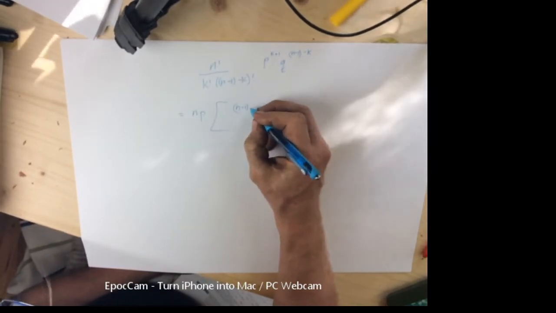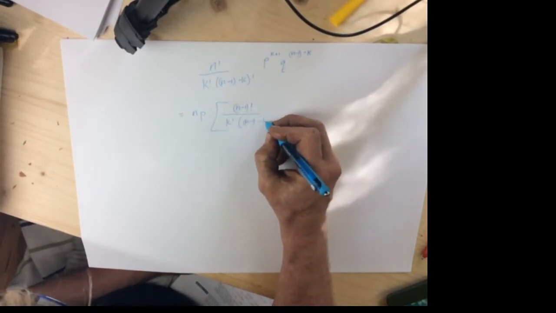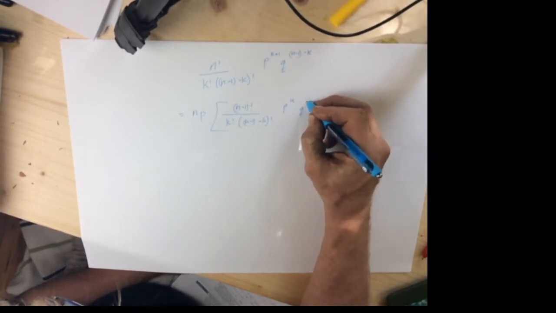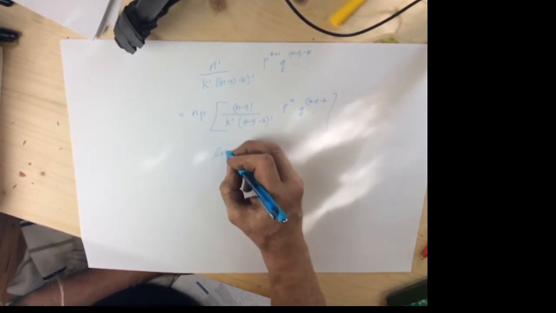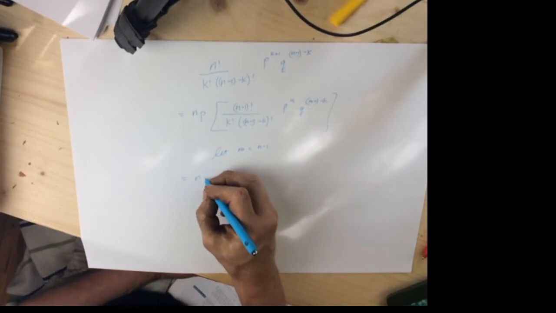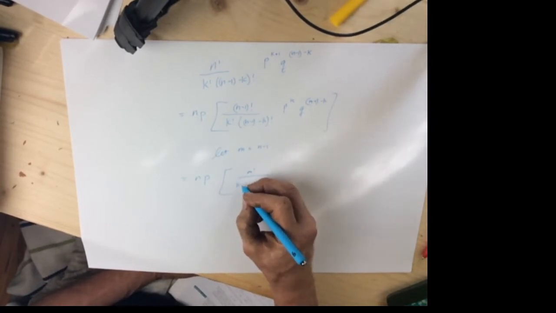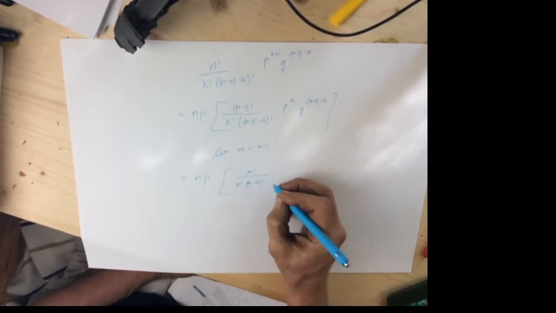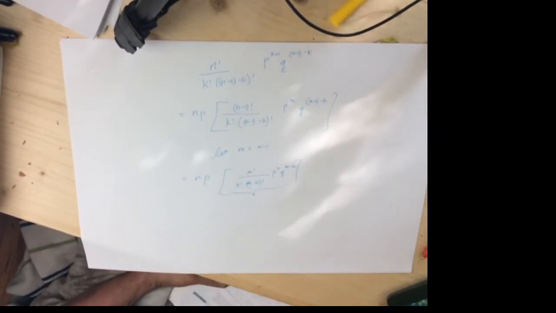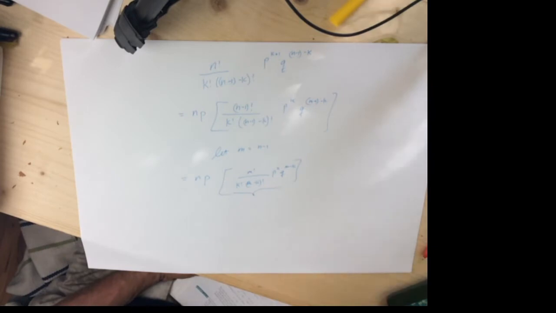So now I have n minus 1 factorial, a k factorial, an n minus 1 minus k factorial, p to the k, q to the n minus 1 minus k, and now I'm going to let m equal n minus 1, and I'm going to have np, and it'll be m factorial over k factorial, m minus k factorial, p to the k, q to the m minus k. Each and every one of these terms is a different binomial term.